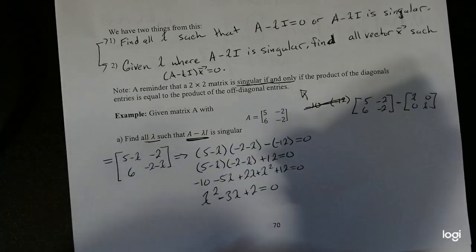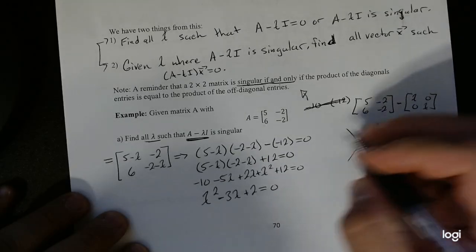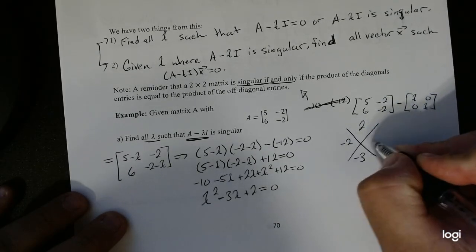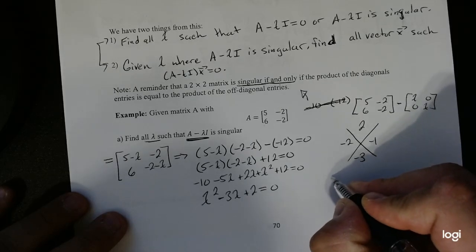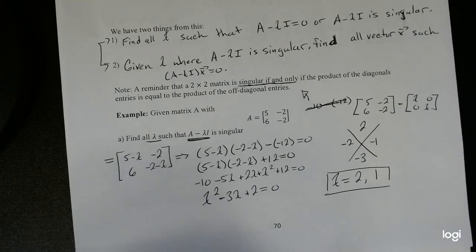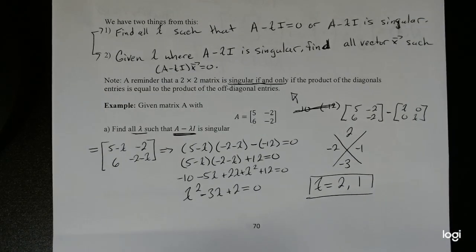Then just factor it again. So negative 2, negative 1, and therefore lambda equals 2 and 1. And there we go. That's how we find the lambdas associated with that.